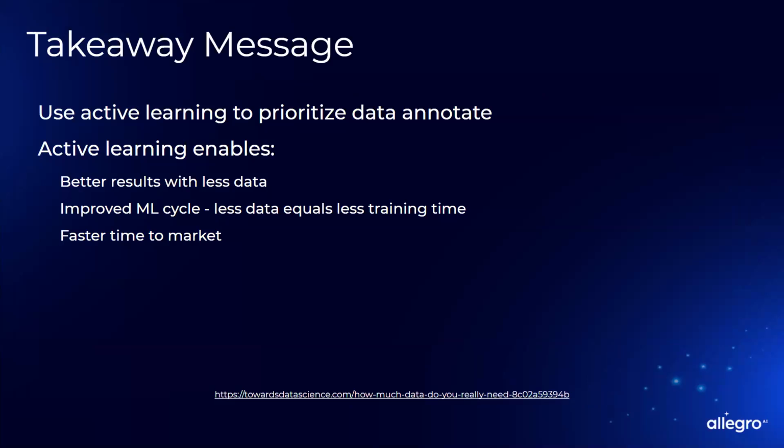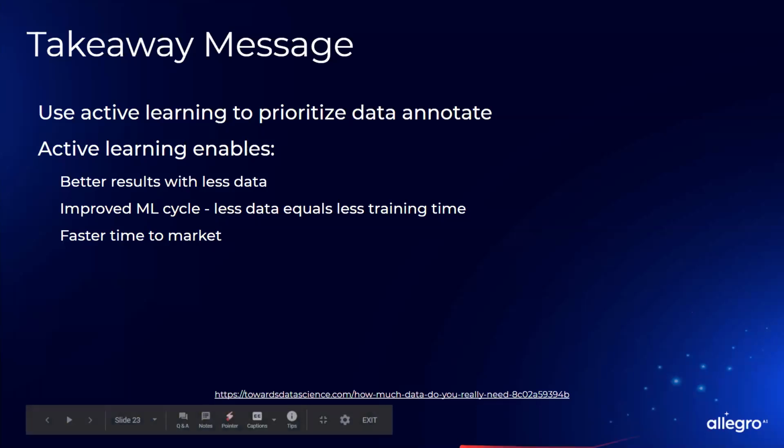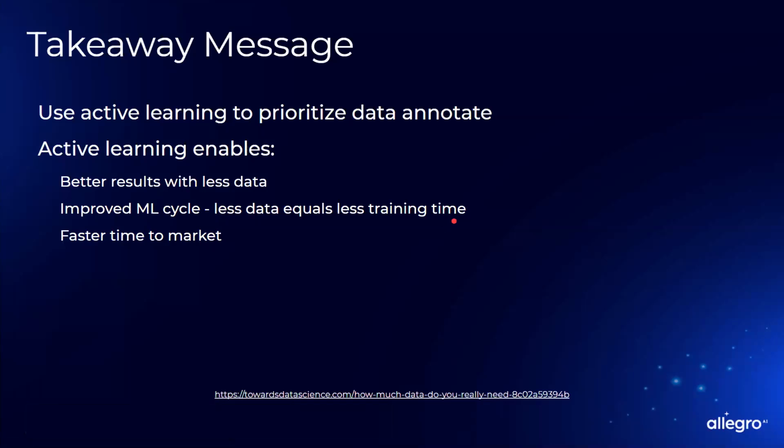You have to use a special cycle for it, but you will get less training time for that, which saves you a lot of money, and you can get the product faster to the market. And we also have a blog on this. I think it's the same blog, but you'll get the slides, you'll get the links, don't worry about it.